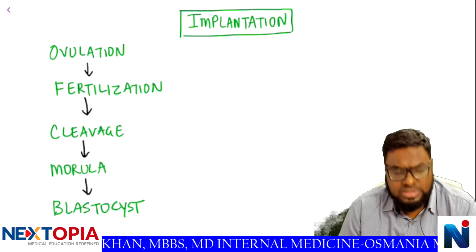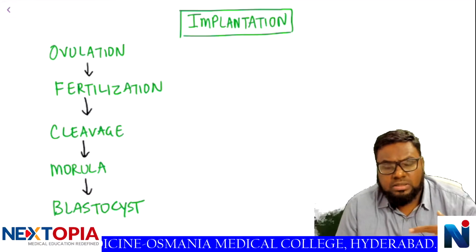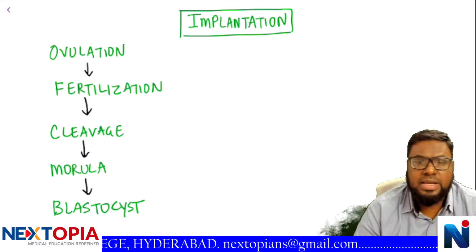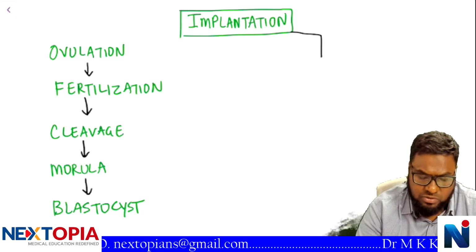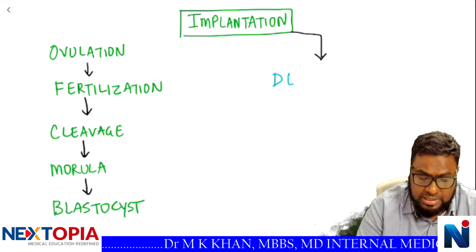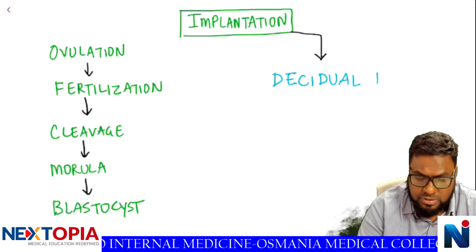We know that the blastocyst has an inner cell mass and an outer cell mass, and the development of the blastocyst into the embryonic disc occurs. Now, during implantation, the first and foremost event in the uterus is the formation of decidua. You call it the decidual reaction.